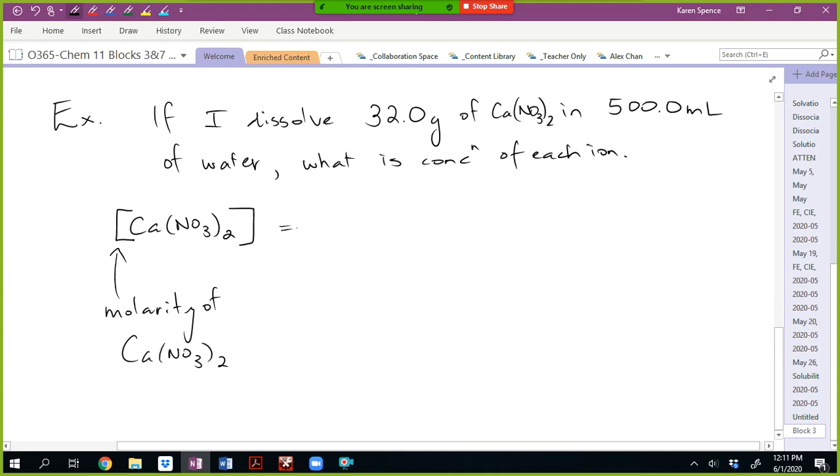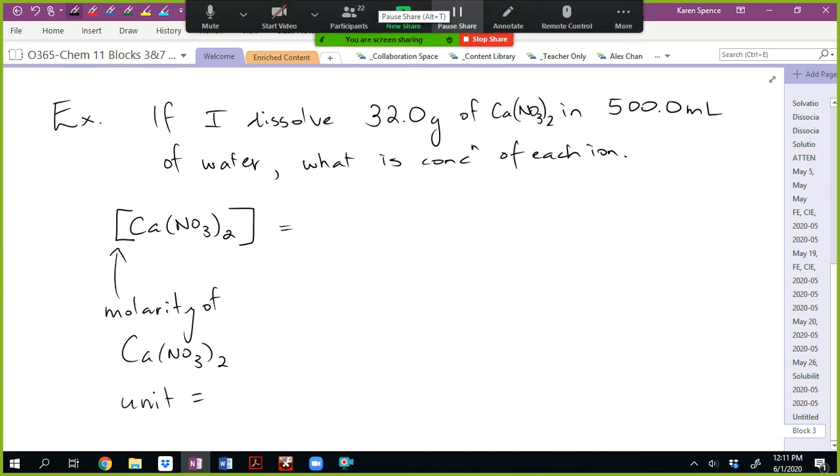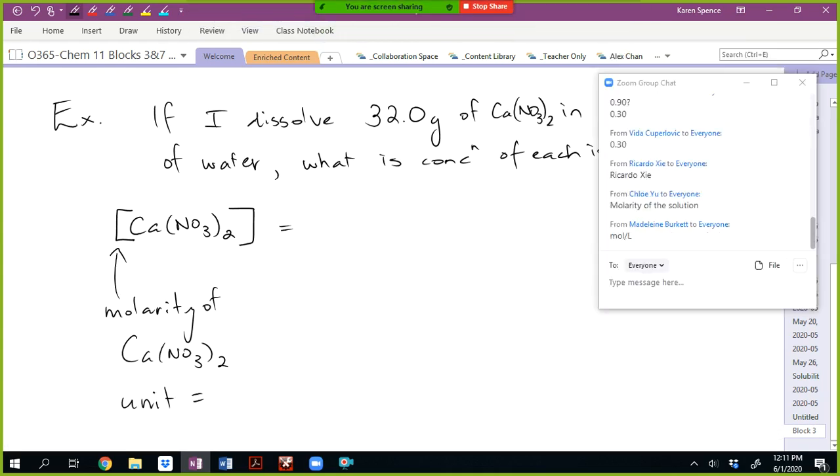What are the units? Moles per liter. Yay! So we want the moles of calcium nitrate per liter of solution.